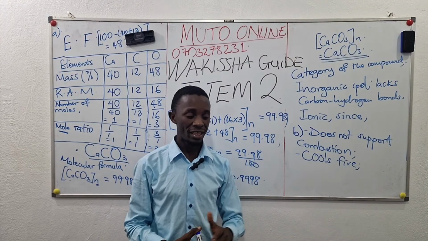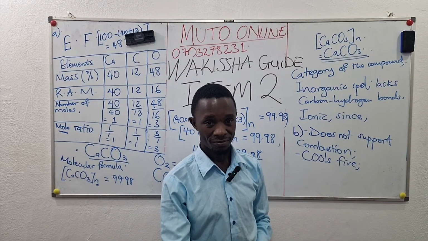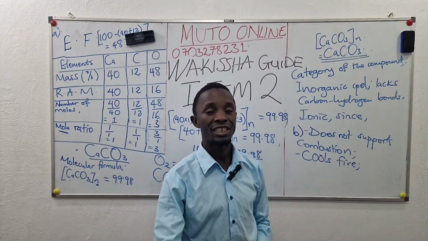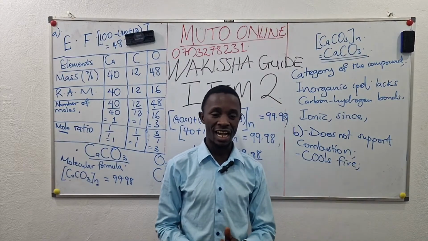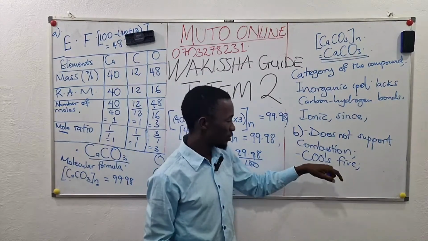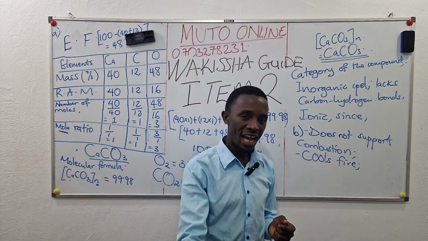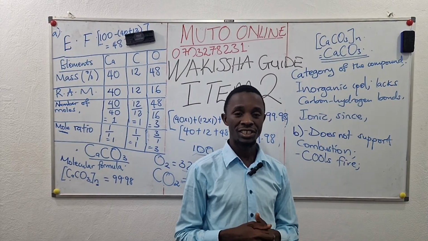And remember, for anything to burn, it must first reach the temperature of fire, dry up, so that it can easily burn. So when carbon dioxide is exposed to such an area, it cools that place. As it cools, it reduces the temperature of the fire in that place where it is introduced.